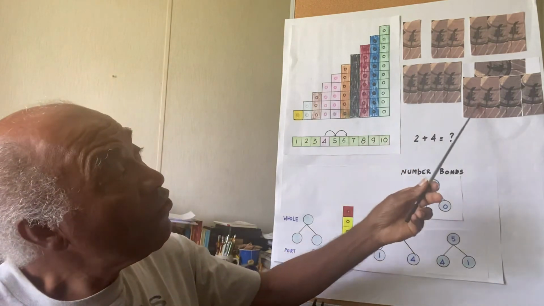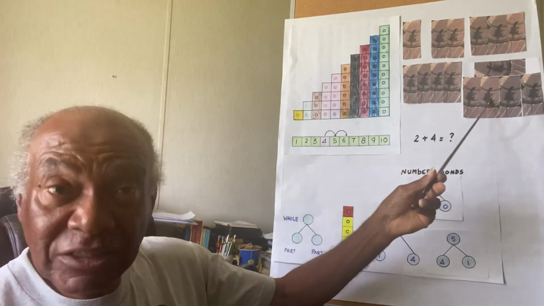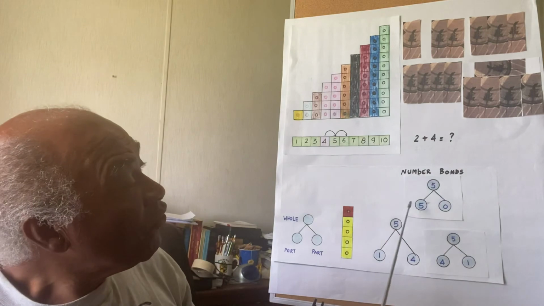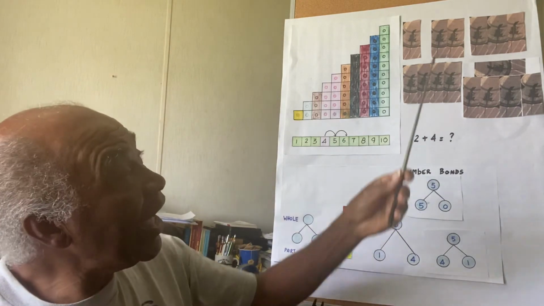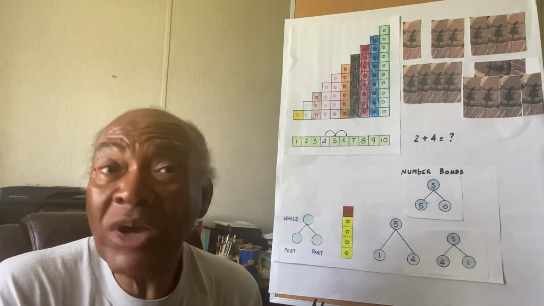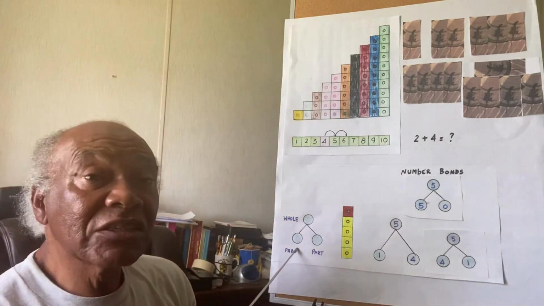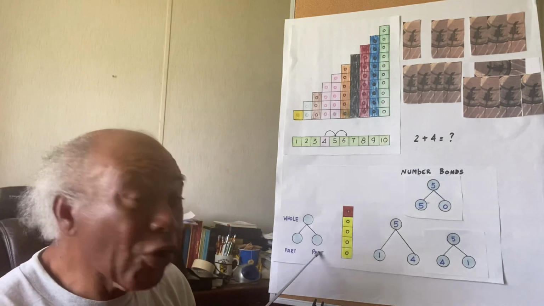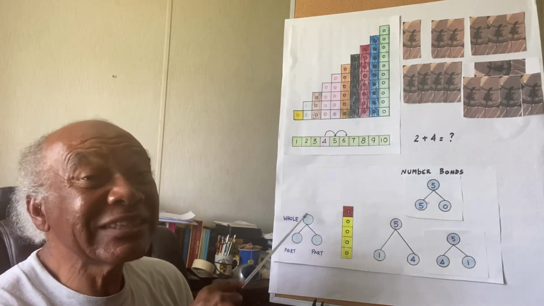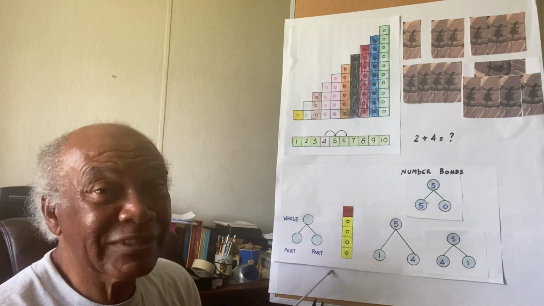We have 5 lizards. 5 lizards added to 4 lizards. That makes 9. What is the total? 9. 5 lizards plus 4 lizards equals 9. 9 is the total.